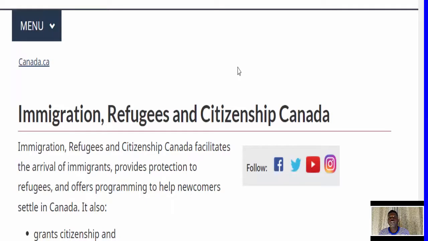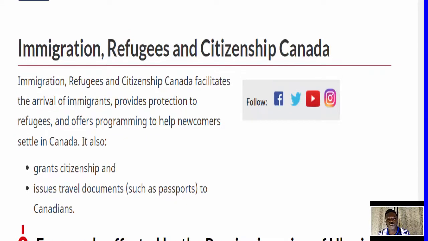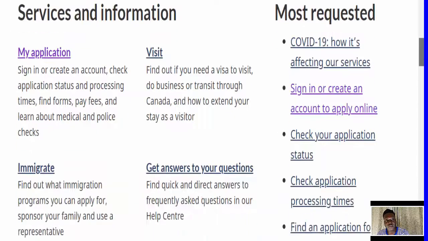It is here that you will select or click on my application. Now when you click on my application, you have to sign in if you already have an account created, or you will have to create that account from right here where you have my application. So let's get there so that you see what I'm talking about.